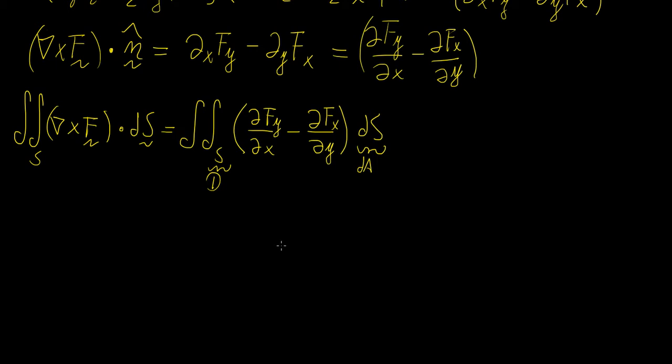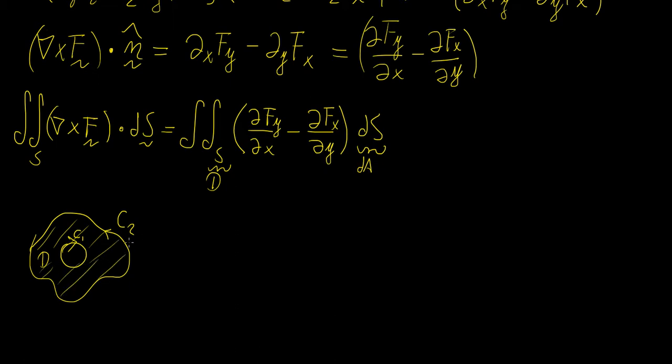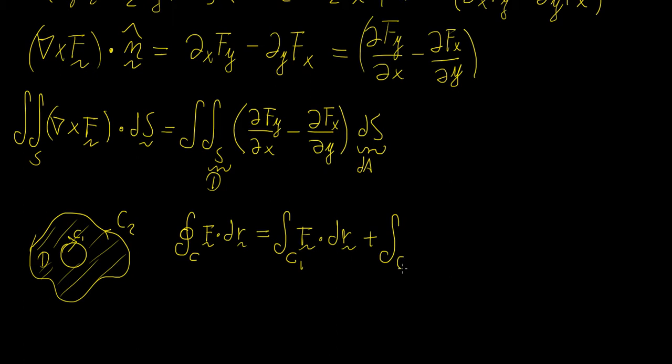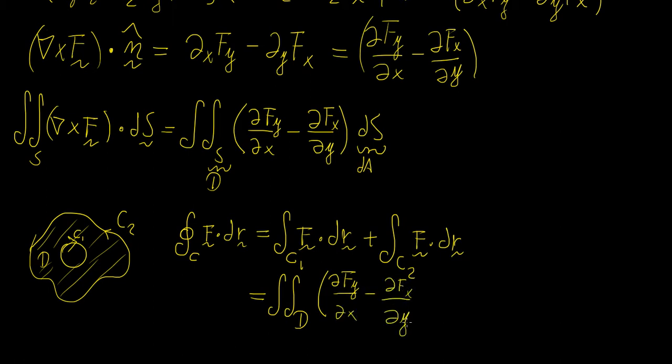Now, another implication of Green's theorem, well, it's not really an implication, but rather just a continuation of what we just found, is that if you have two curves, so let's say this is C1, and then this is another curve C2, and then the region D is just the region that is enclosed between those two curves, then Green's theorem tells you that you can easily find the line integral over C of some vector field dot dr. This is going to be equal to the sum of those two, so you're going to have the integral over C1 of the vector field dot product with dr plus the integral over C2 of f dot product with dr, and then all of this is still going to be equal to the double integral over D of f_y over x minus f_x over y dA.